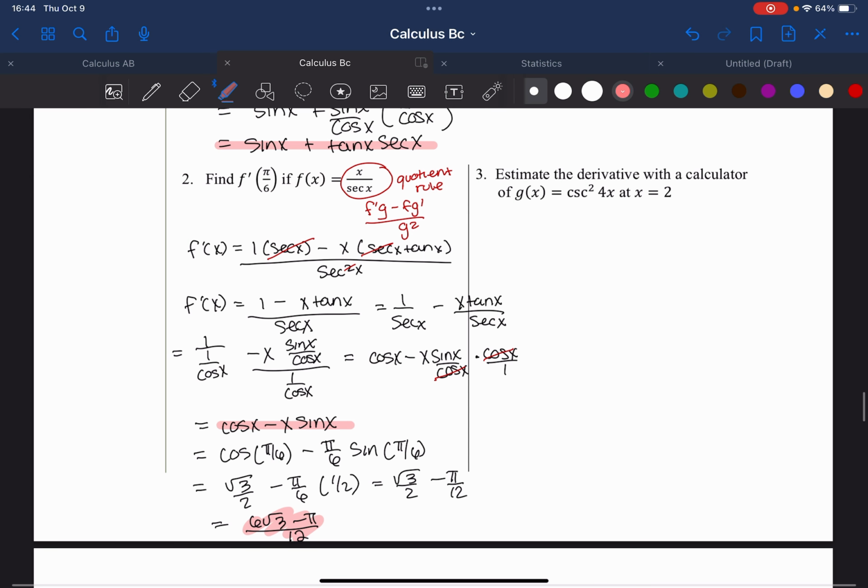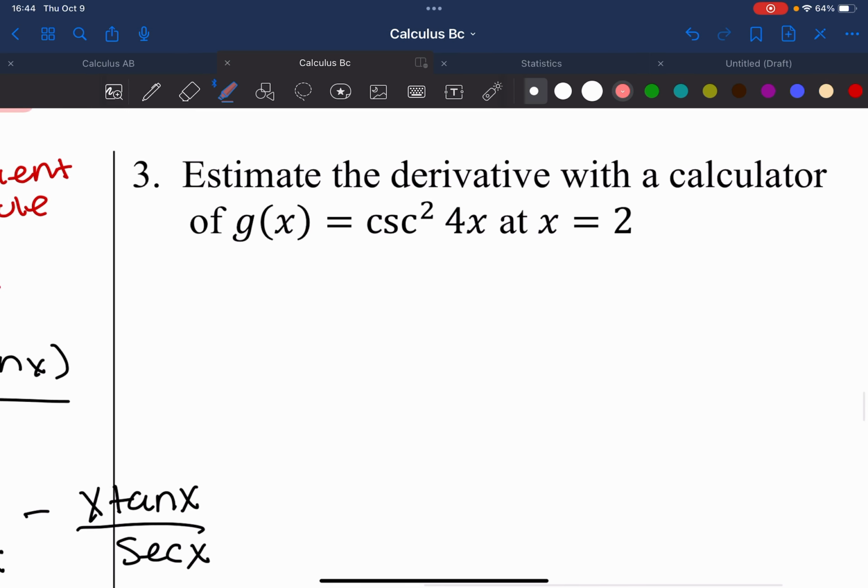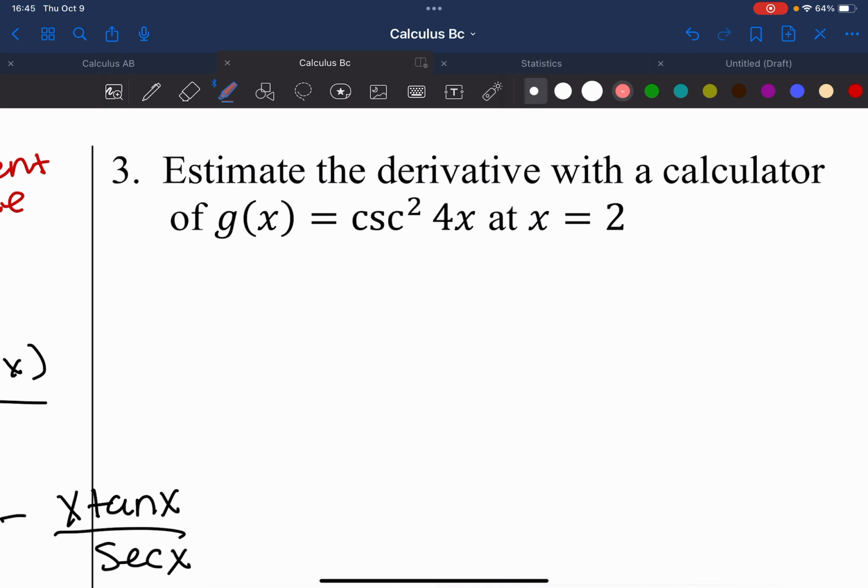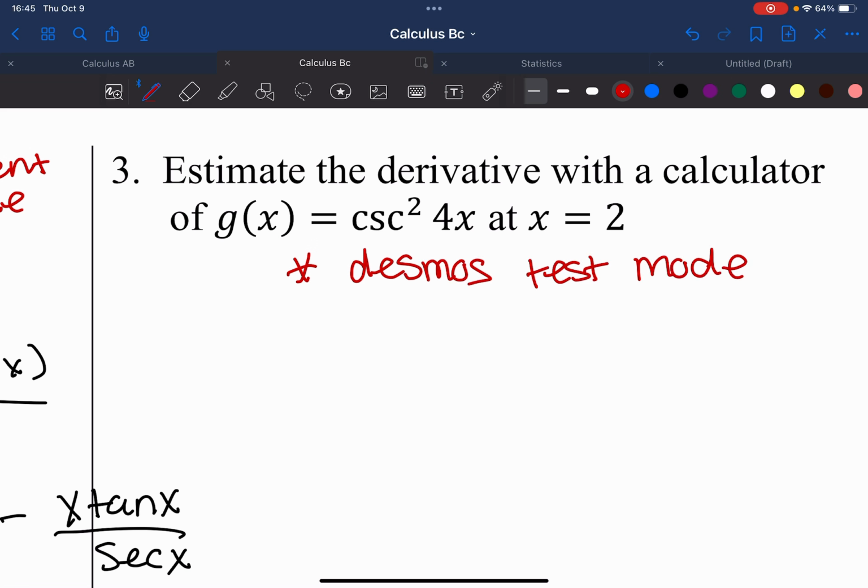Okay. We can do the same thing by estimating our derivative with a calculator. So because we're using Desmos on test mode, we need to make a note that with Desmos on test mode, we can't use cosecant squared x.